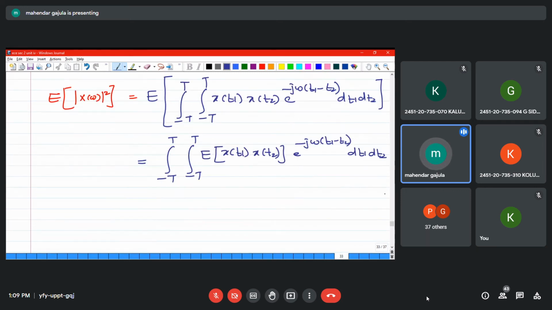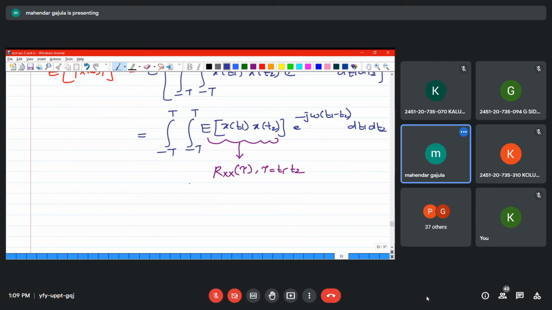If we clearly observe, this is the autocorrelation formula R-X tau, where tau equals t1 minus t2. Tau is the time delay.